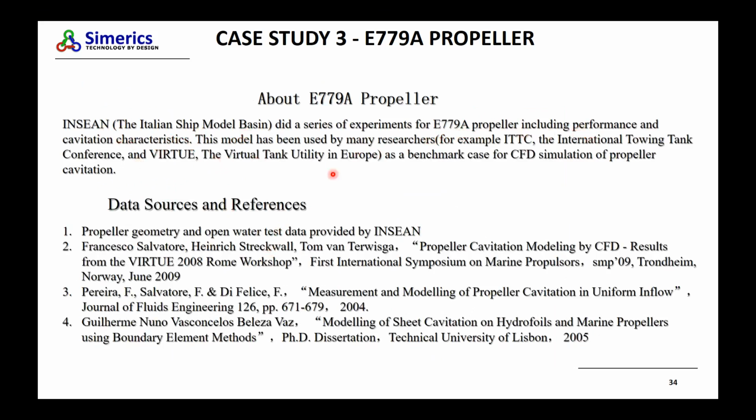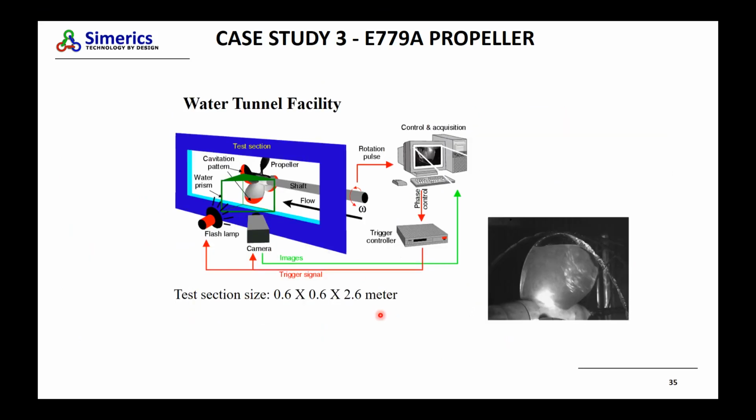I think this model has been used by researchers for benchmarking CFD simulations and looking at cavitation on this propeller. The source data for this propeller geometry and also the test data were obtained from papers that we used to get some of this data.